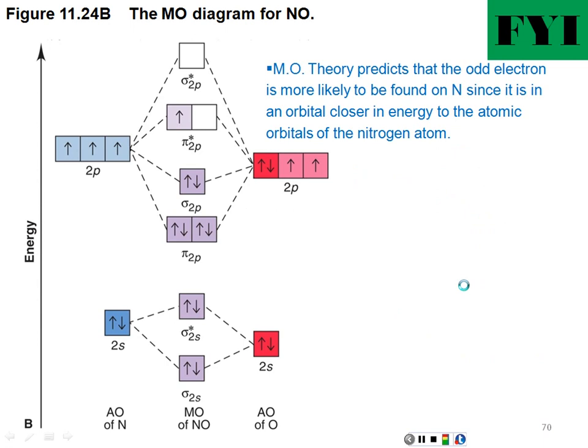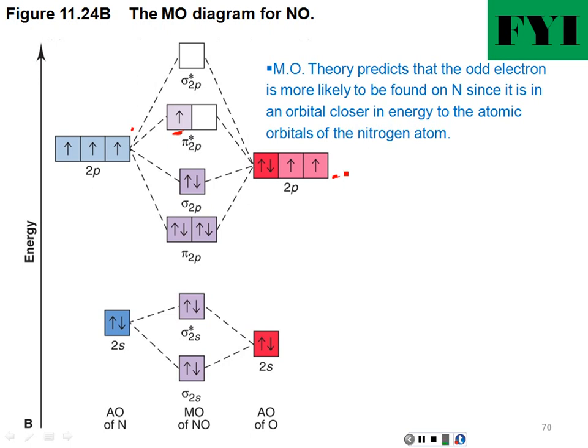So molecular orbital theory, as we've seen for NO, predicts that this unpaired electron is going to be closer to nitrogen, because the atomic orbitals for nitrogen are higher in energy than the orbitals for oxygen.